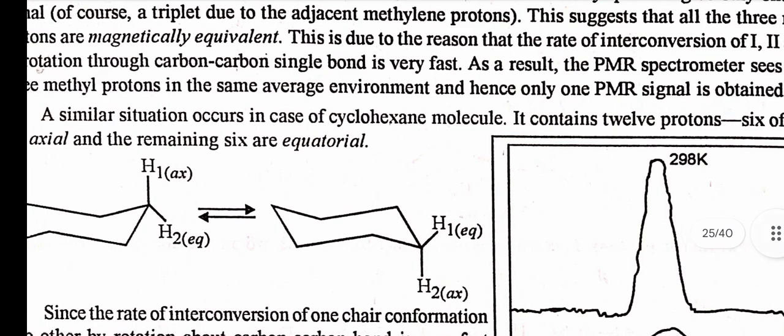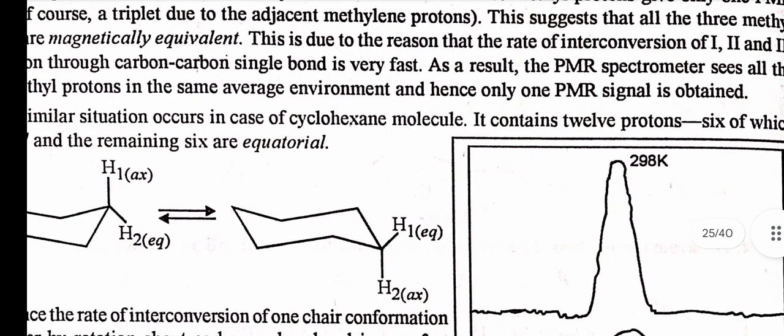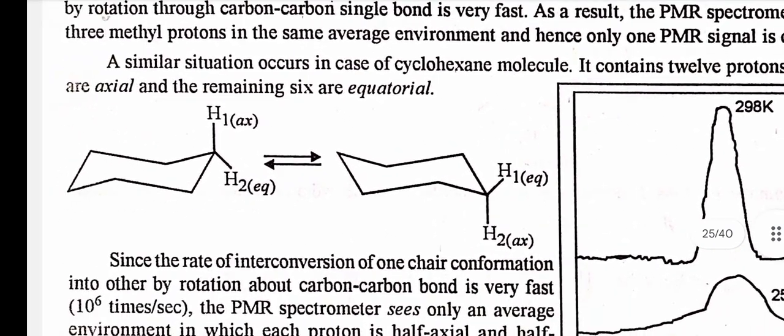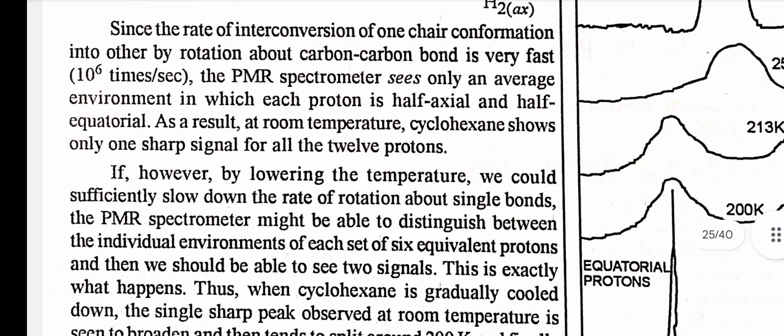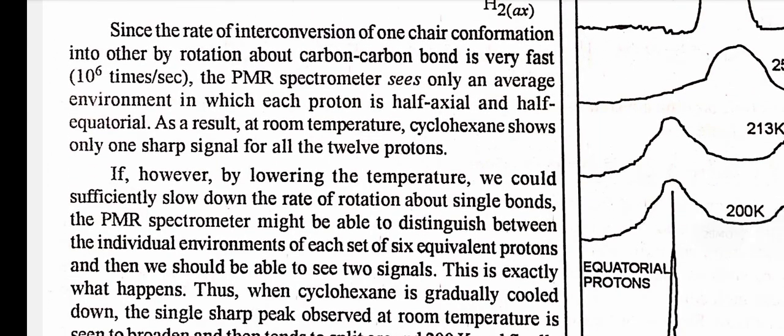A similar situation occurs in the case of the cyclohexane molecule. It contains 12 protons, 6 of which are axial and the remaining 6 are equatorial. Since the rate of interconversion of one chair conformation into the other by rotation about carbon-carbon bonds is very fast, the PMR spectrometer sees only an average environment in which each proton is half axial and half equatorial.